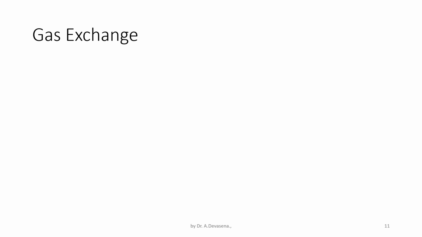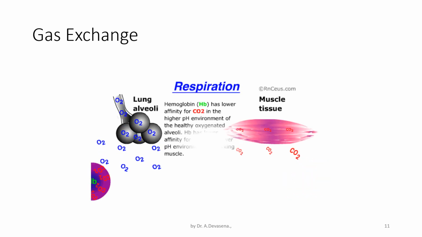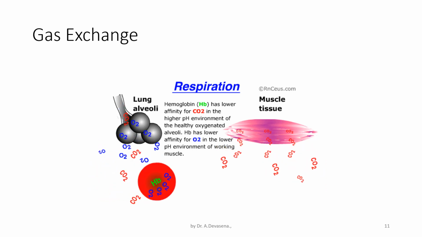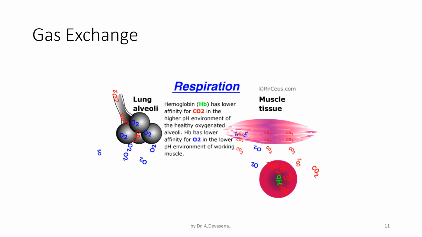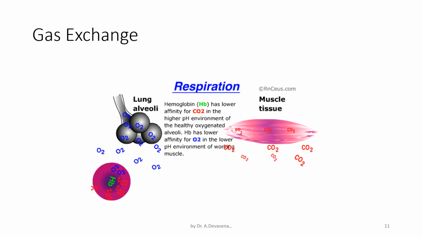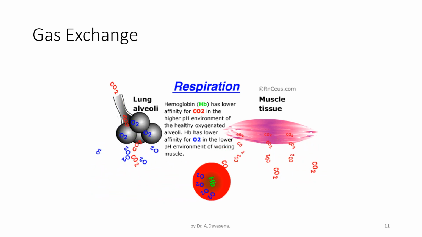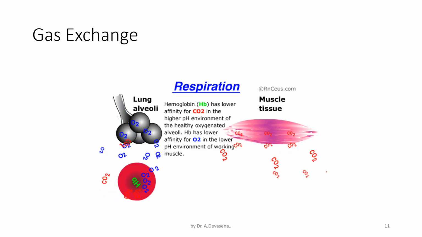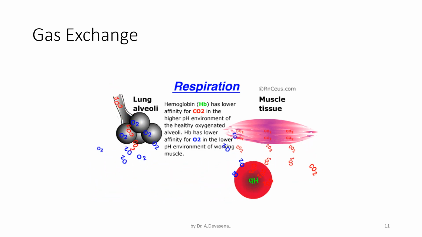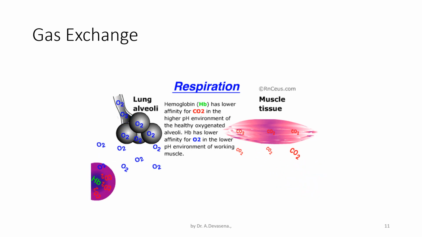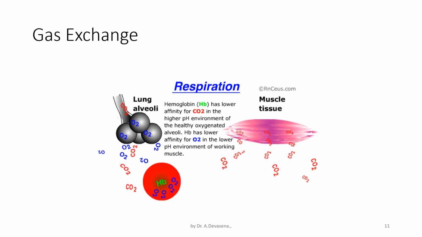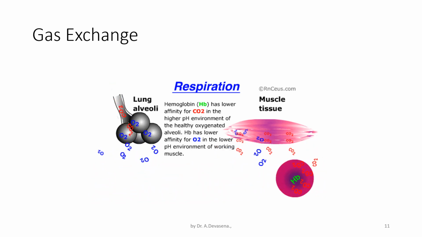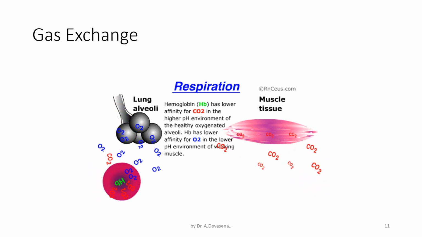Let's see a small animation of gas exchange. Here, hemoglobin has lower affinity for carbon dioxide in the higher pH environment of the healthy oxygenated alveoli. Hemoglobin has lower affinity for oxygen in the lower pH environment of working muscle.